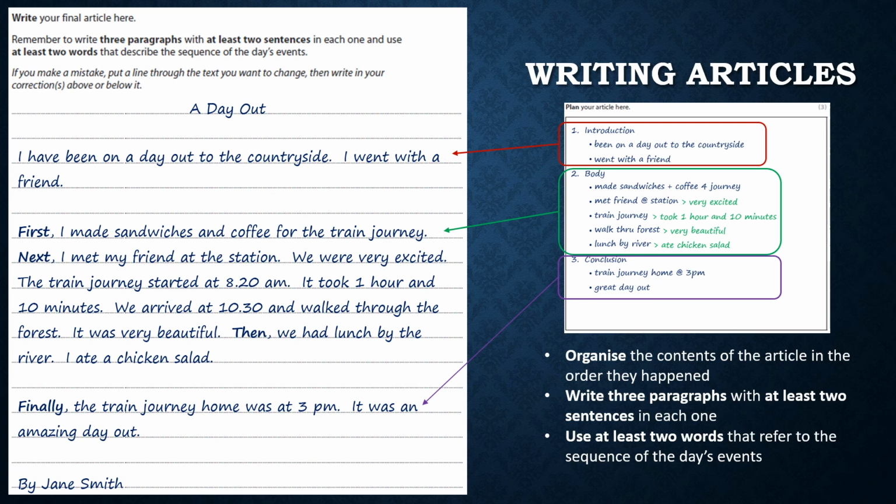So just before we check and make sure we have answered the question in full, I wanted to point out not only what we are writing about, but now focusing on when we are writing about. In the question, it states that you have been on a day out to the countryside with a friend. So we're talking about the past, using the past tense. The question and statement in your text is in the present perfect, so that's okay to use it here as well.